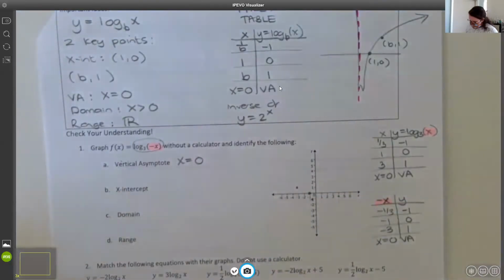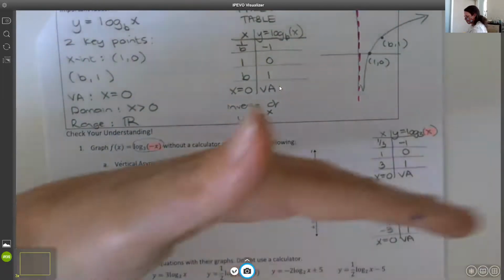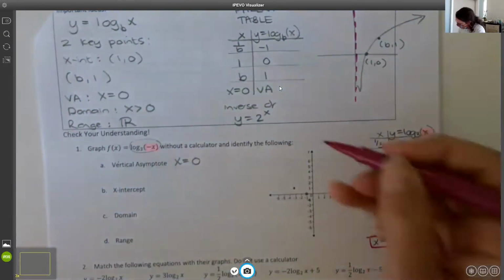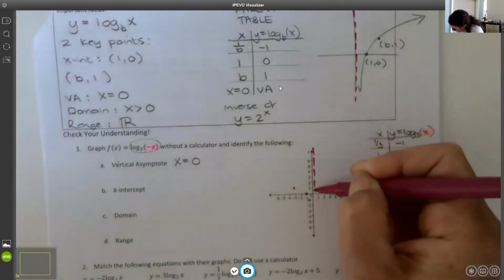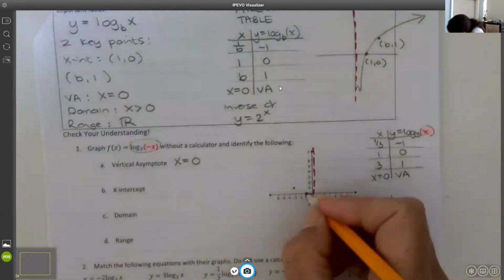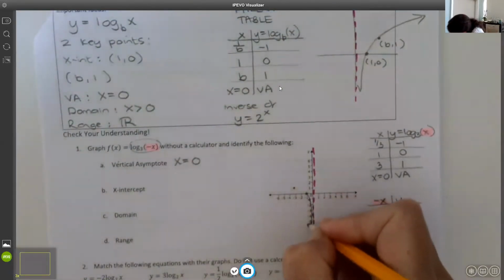And then once you have those points, you might not be totally sure what it looks like because it might even look like there's a horizontal asymptote. So before you do anything else, go ahead and draw in that vertical asymptote. And then once you've done that, you're going to head towards the vertical asymptote.